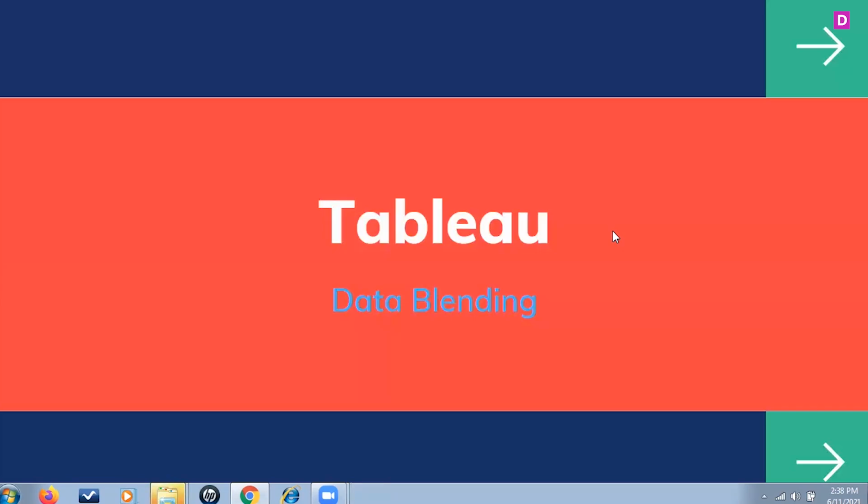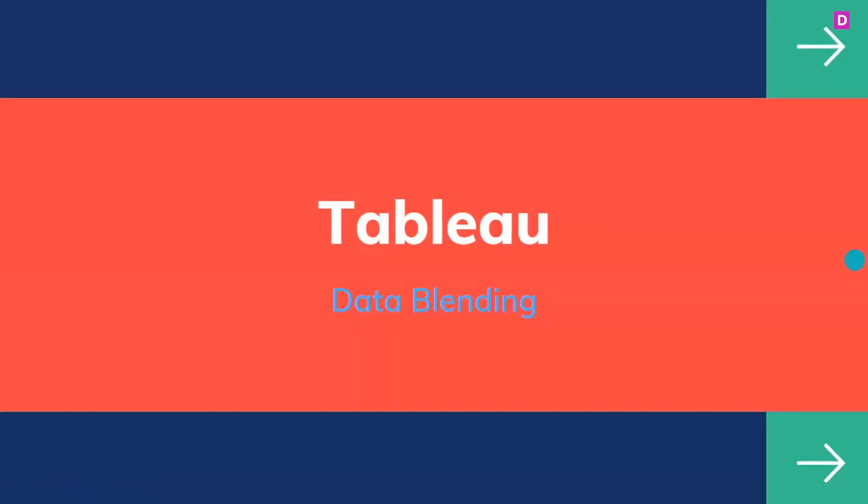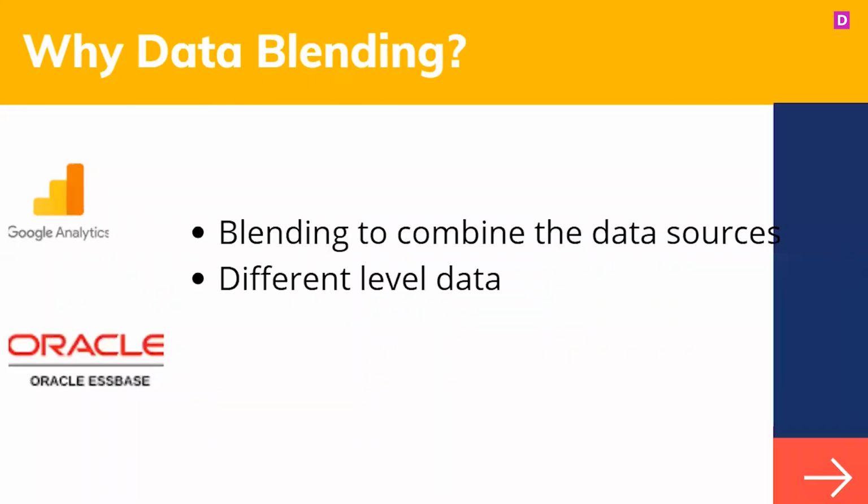First, let's understand why we require something called blending in Tableau. If you have been working with Tableau for a longer period of time, you can understand that you have to work with several types of data, and these several types of data don't come from a single source.